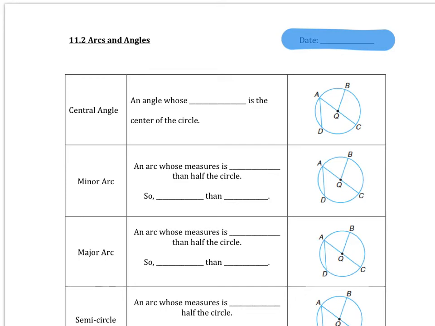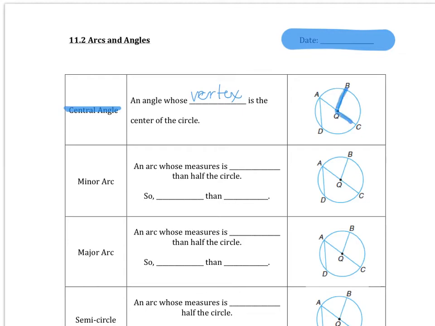Okay, first definition is a central angle. A central angle is an angle whose vertex is in the center of the circle. So looking at this angle, I'll put my highlighter.